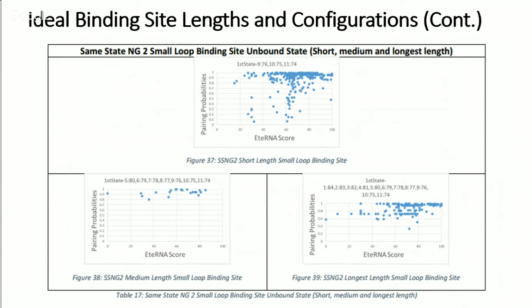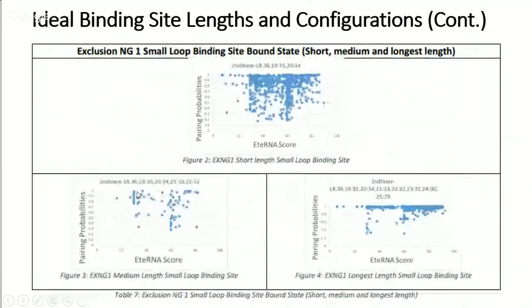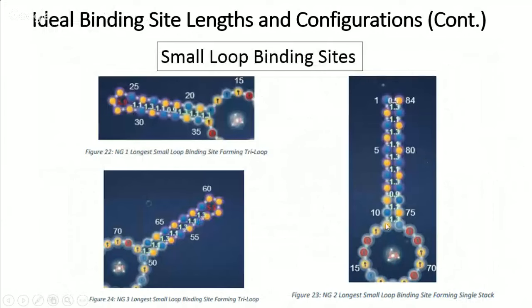If you remember how I showed you the examples of what the small loop and the large loop are in the secondary structure pictures, here, I'll go back real quick. So you have a pair in, you would have a 1-1 loop, and then everything else would be bound. And that's basically the same thing as an entirely bound site.